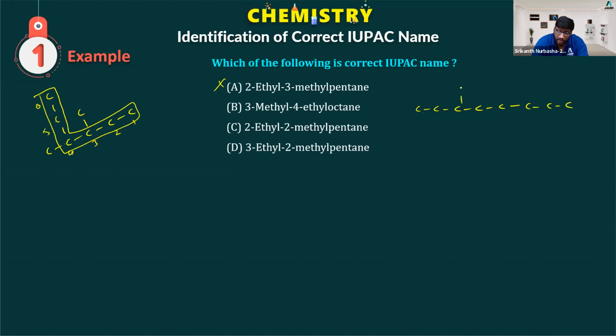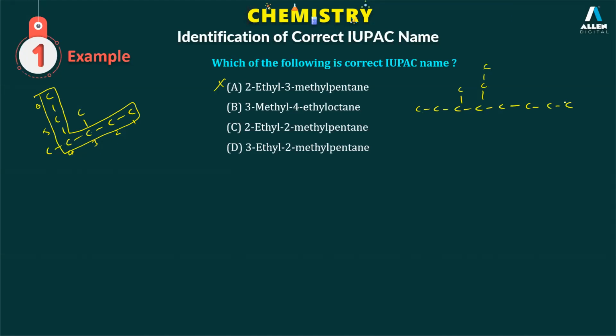On the third you have methyl, on the fourth you have ethyl. Numbering is all the same, and the 8-carbon chain is the long chain, so that is also correct. Everything is fine, but look at the alphabetical order. Methyl and ethyl, which should come first? Ethyl should come first. So option B is also wrong.